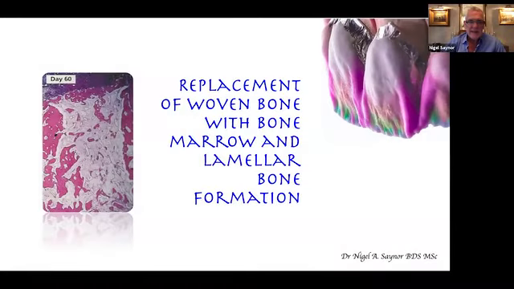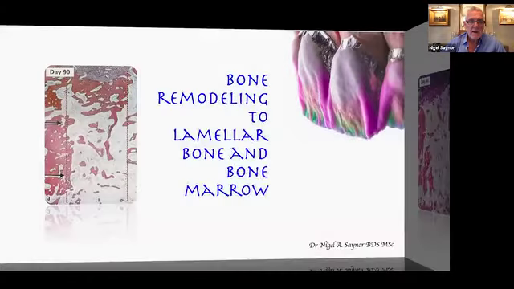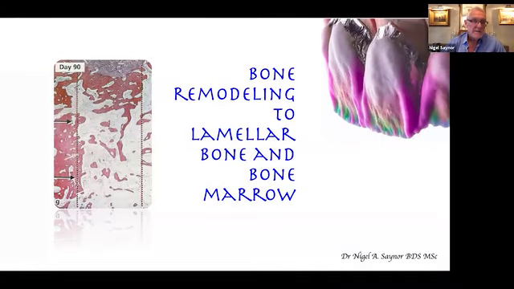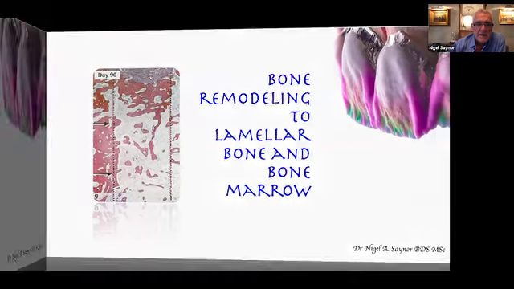Then we look at day 60, woven bone with bone marrow going on and lamellar bone formation happening everywhere. That is fabulous. Look a little bit further down the line, day 90, and that's lamellar bone with bone marrow everywhere. Fabulous site to place an implant. So can't get any better than that.